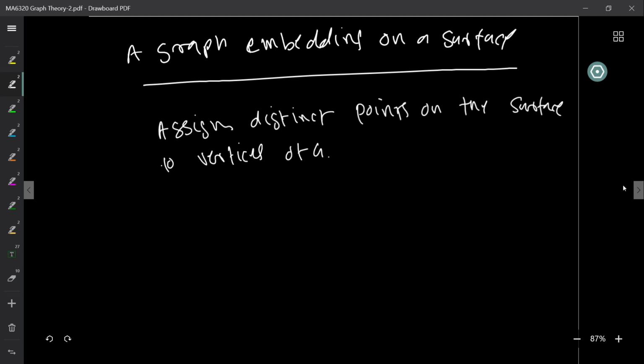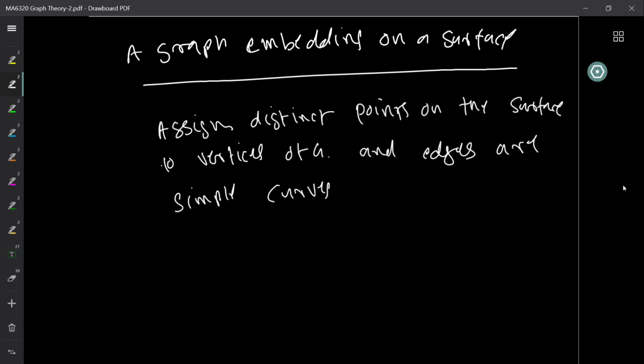So an embedding is an assignment of distinct points to the vertices of the graph, and the edges are simple curves. The definition of a simple curve is not that simple, so for the time being, we'll assume that a simple curve is a curve which does not intersect itself.